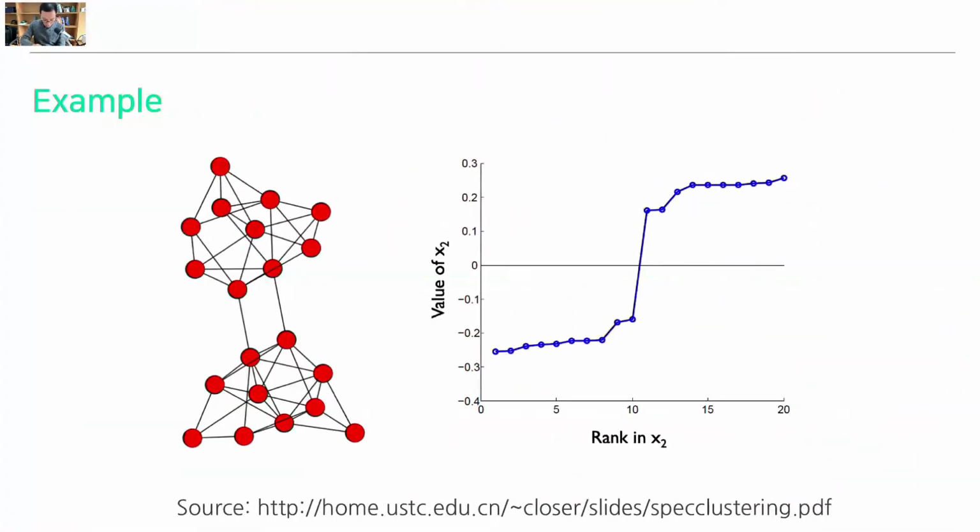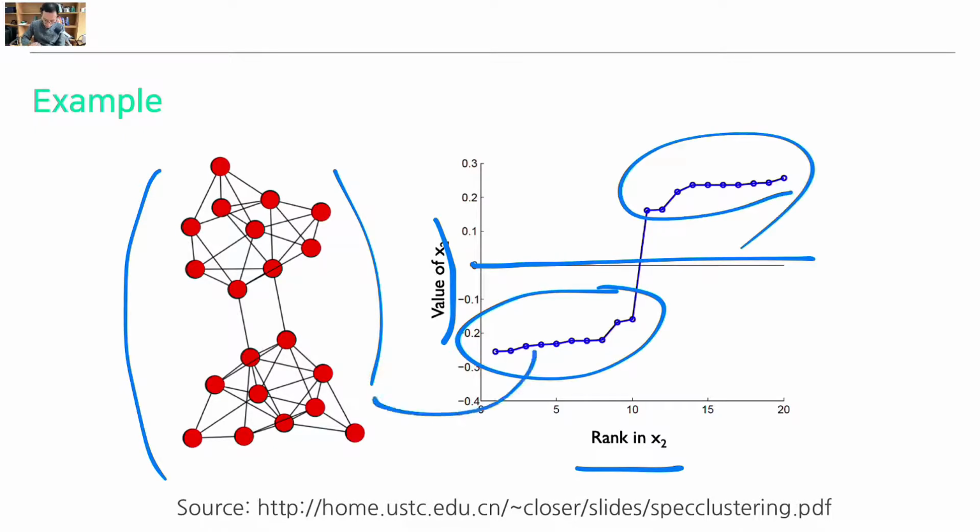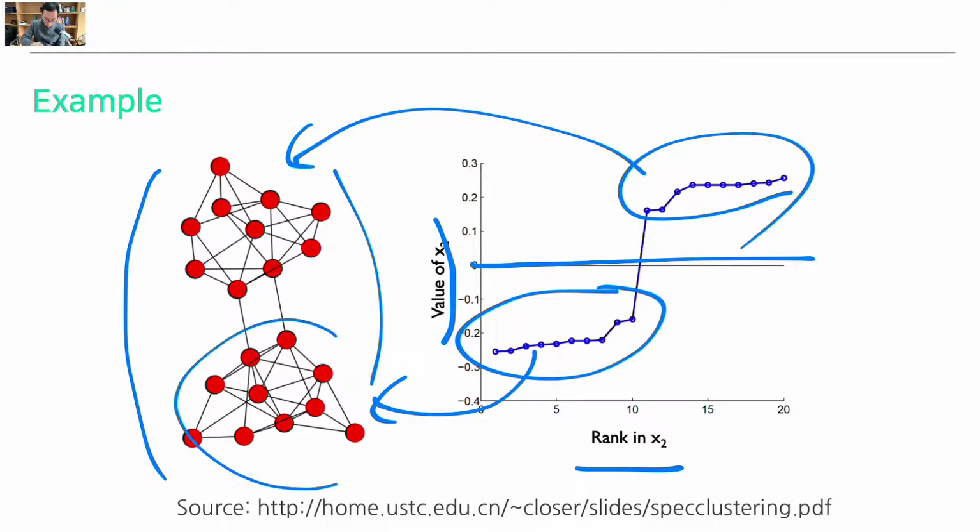Right. So this is the example. We have the graph input, and we are just looking at the second largest eigenvectors, and these are the node IDs we already ordered by looking at the value. Now we find two clusters mapped onto this one and this one.